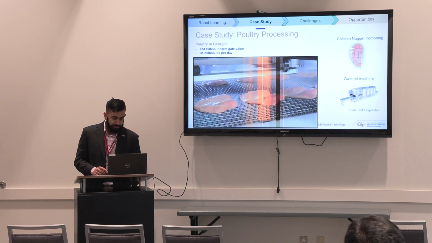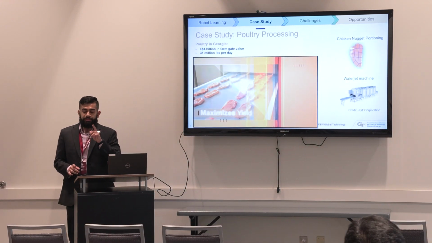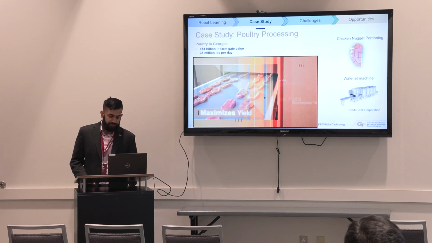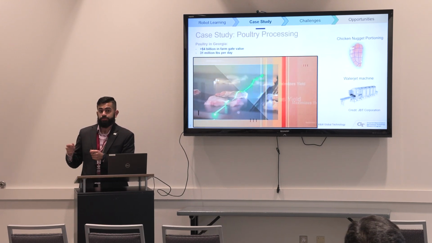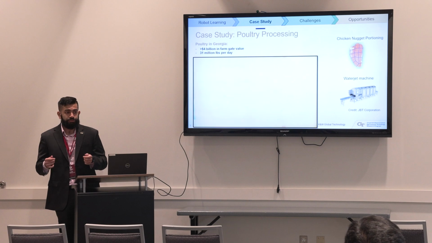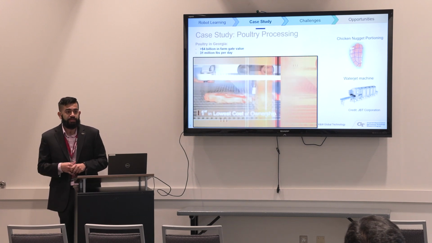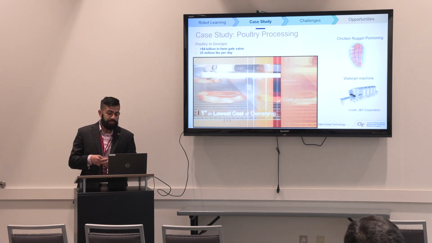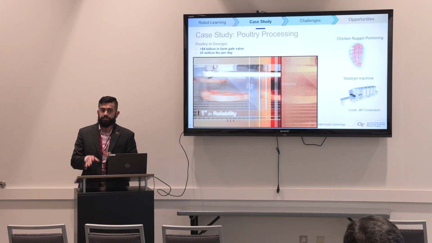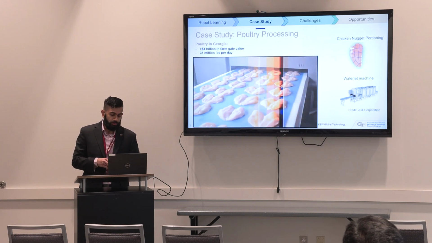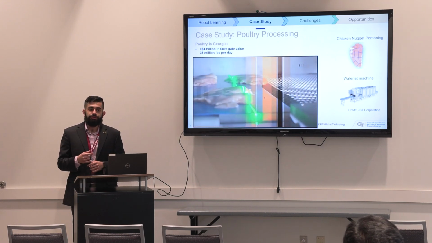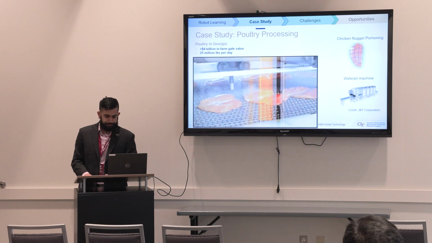It's done through a water jet machine, but at the beginning of this process, the chicken breast has to be loaded onto a conveyor, and this is done manually, right? So people stand on either side of the conveyor and pick the chicken breast out of the bucket and then put it on the conveyor in a specific orientation because it needs to feed into that water jet machine. So we wanted to see if we could go ahead and automate this process.